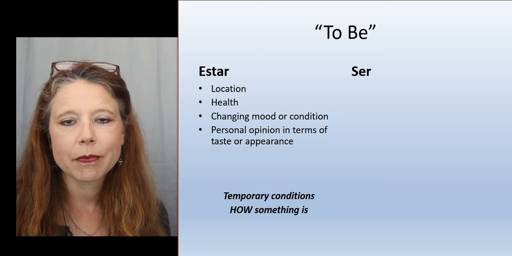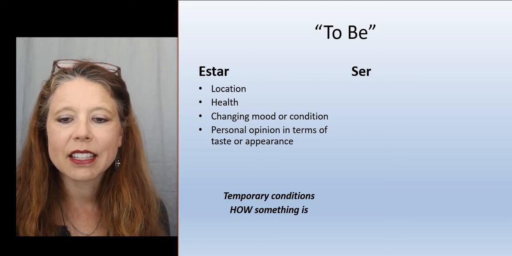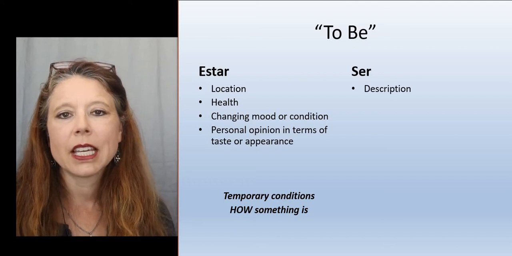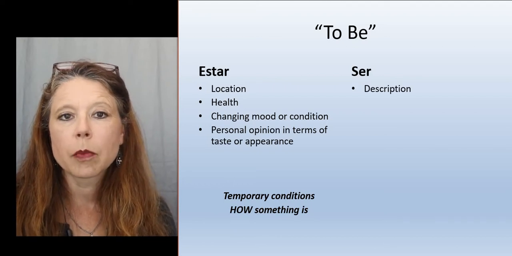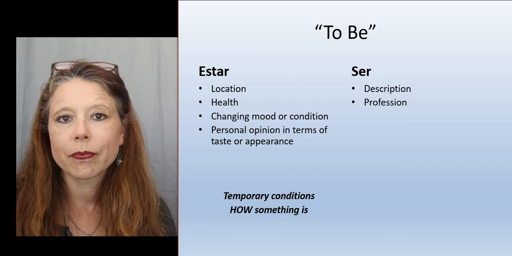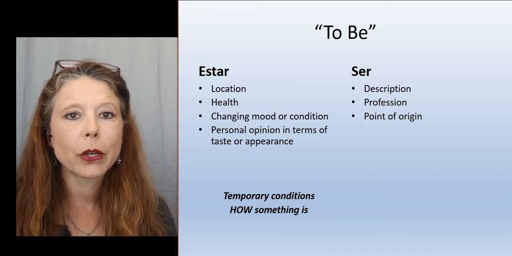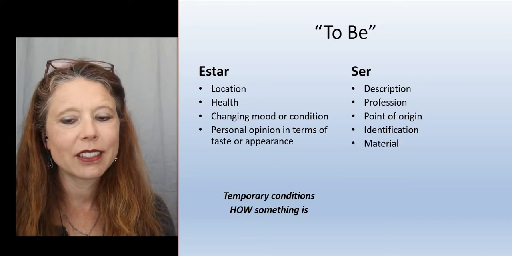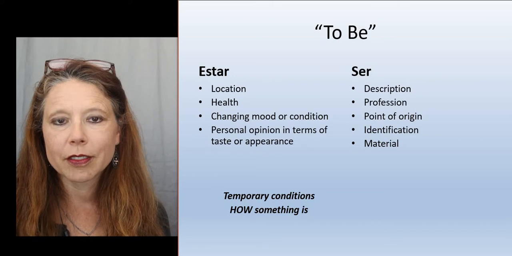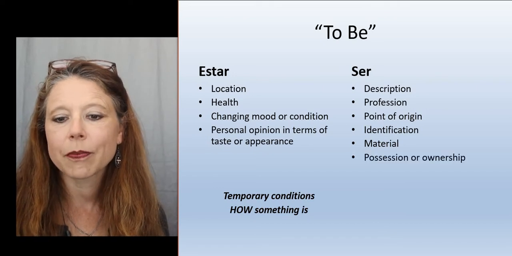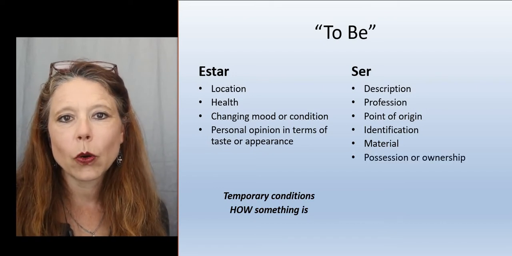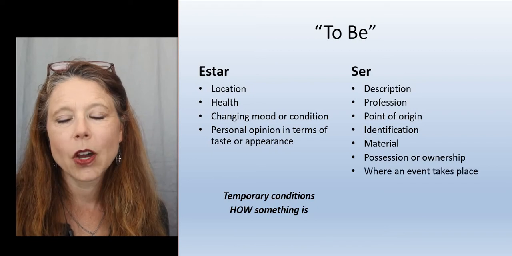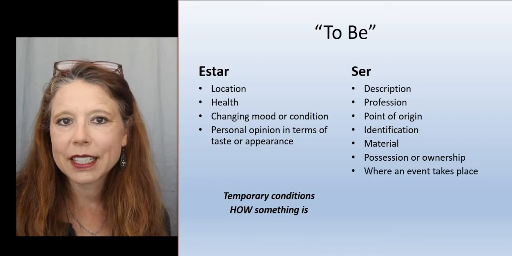estar. Now, ser, on the other hand, is used when we are providing description, talking about profession, point of origin, identification, material, like what something is made out of, possession or ownership, where an event takes place.